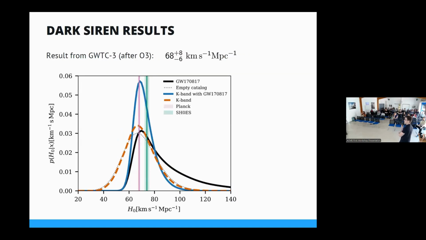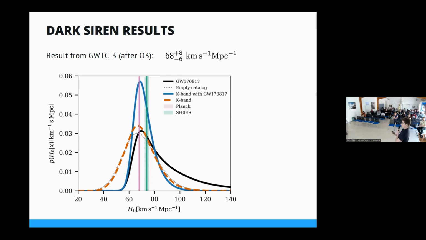So as Nicola told in his presentation, what we can do in the absence of these observed counterparts, we can use the so-called dark siren method. So just as a quick recap, the point of this method is that we treat all galaxies in the localization volume as possible hosts of the BNS merger, and then use the redshift information from the galaxy catalog to compare with the luminosity distance that we got directly from the gravitational wave itself.